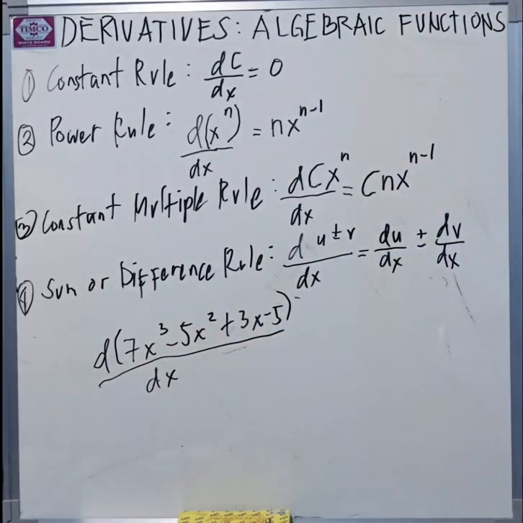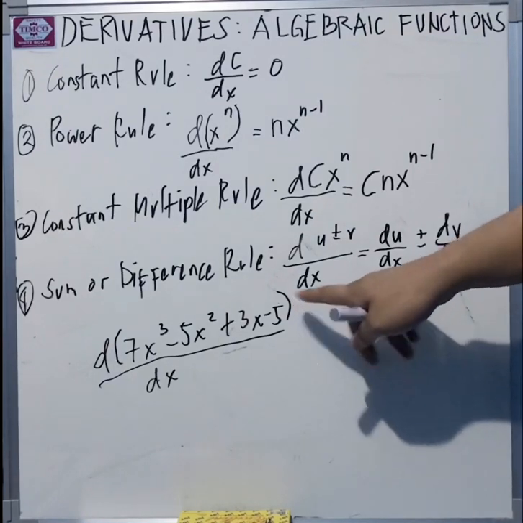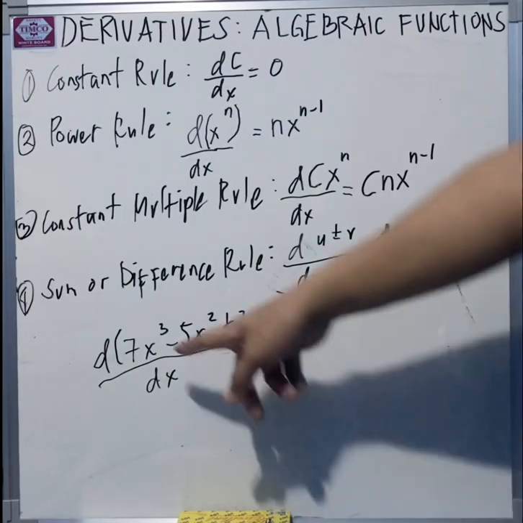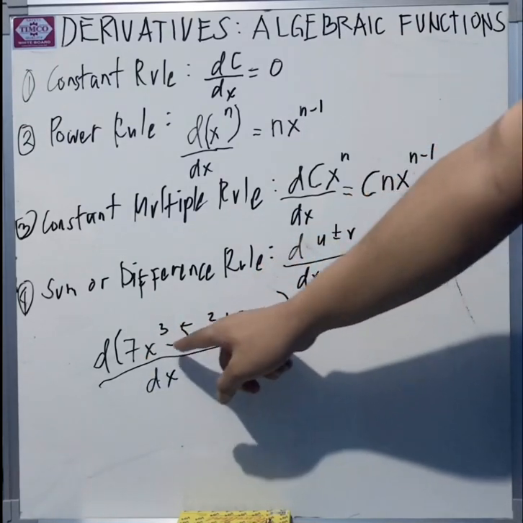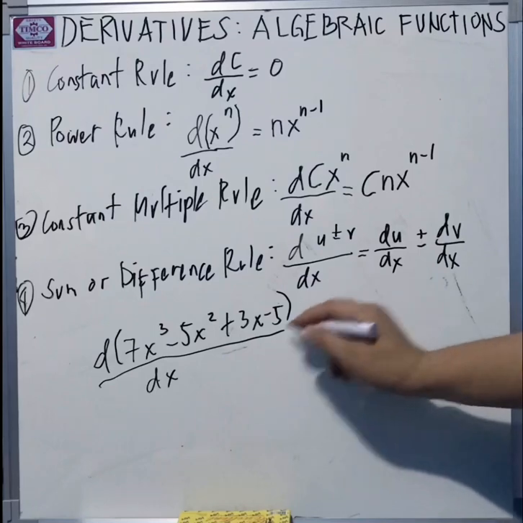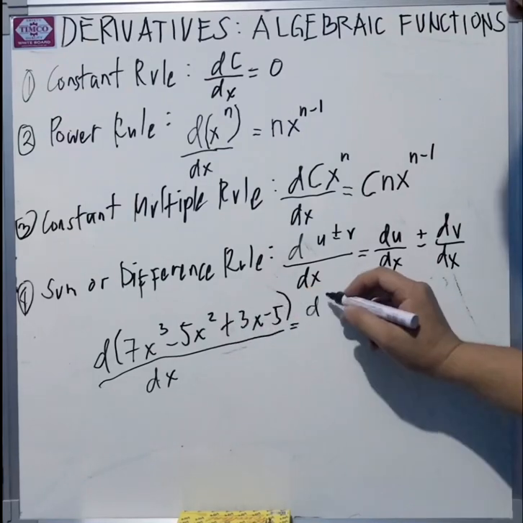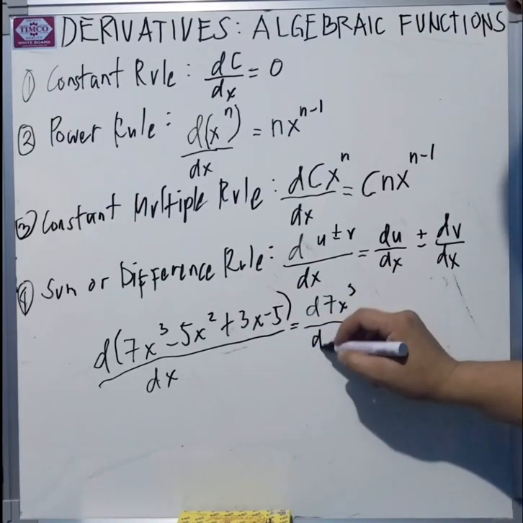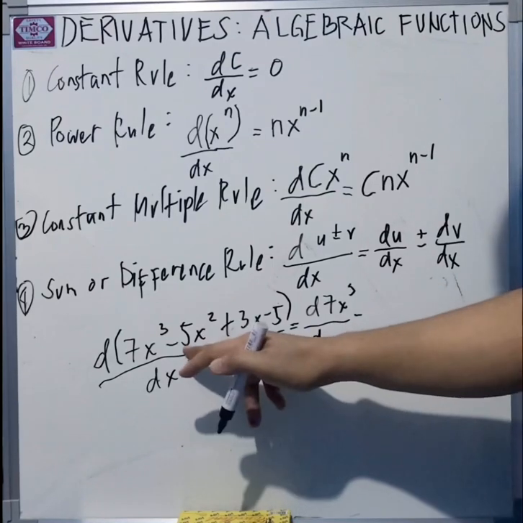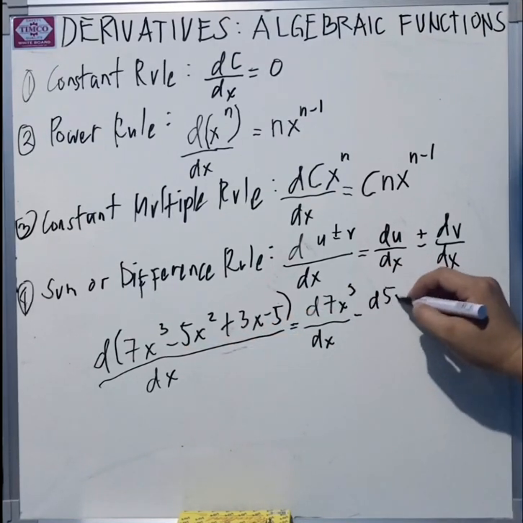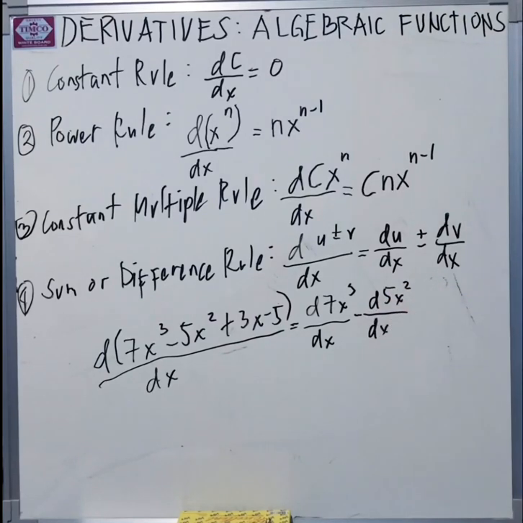By using the sum or difference rule, we have an algebraic function sum and difference. So we take them one at a time: the derivative of 7x cubed with respect to dx, minus the derivative of 5x squared with respect to dx, plus the derivative of 3x with respect to dx, minus the derivative of 5 with respect to dx.